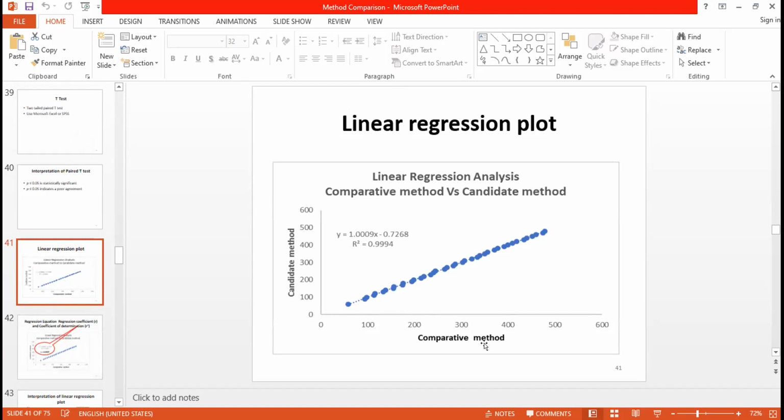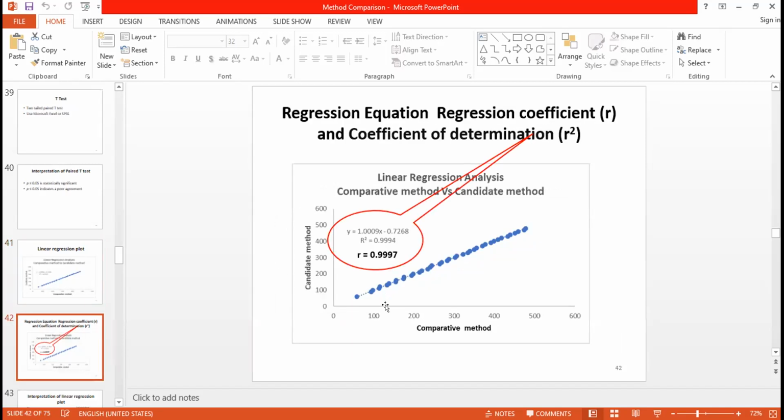Coming to linear regression. On your x-axis, you have the comparative method value, and on your y-axis, you have the candidate method value. When you plot this on a computer, it will automatically give you the regression equation, the regression coefficient R, and the coefficient of determination R squared.